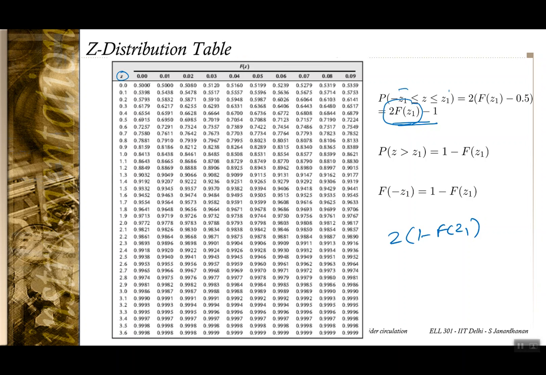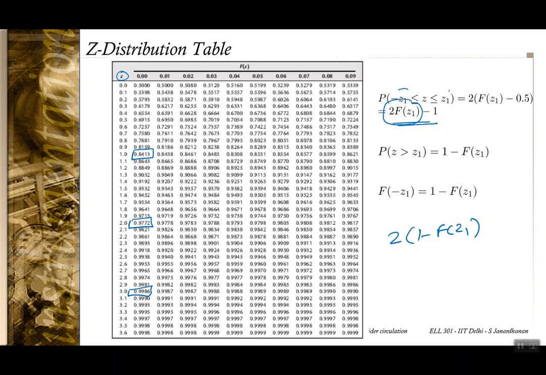However, you see that as z changes, f of z is rapidly changing. Now if you see f of 1, it is 0.84, f of 2 is 0.97, f of 3 is 0.99.